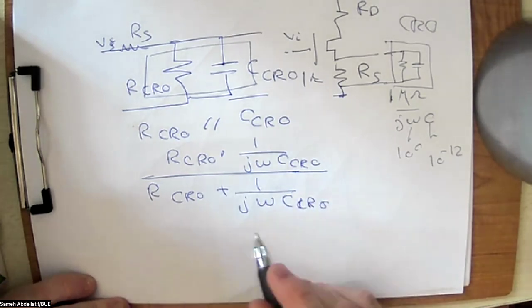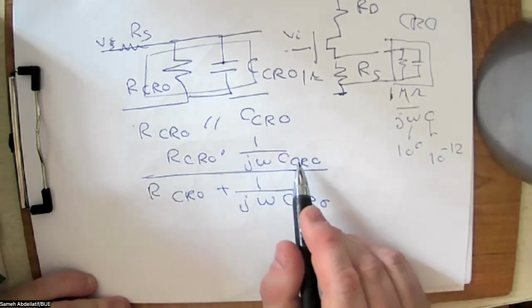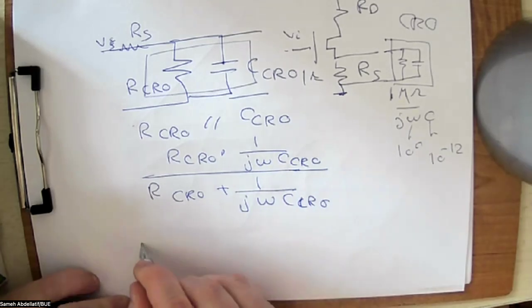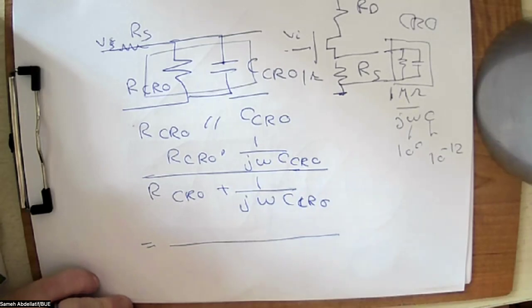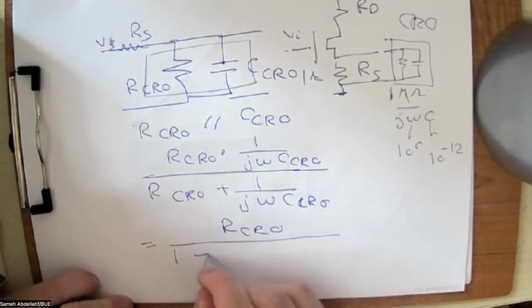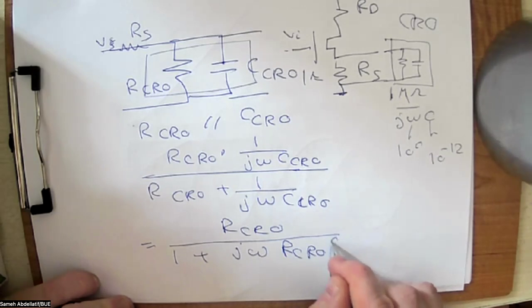Okay, now if we multiply this on the denominator, we will get R_CRO over 1 plus j omega R_CRO C_CRO.